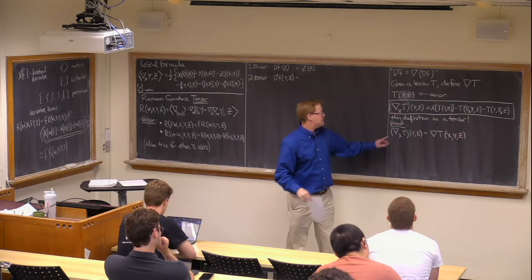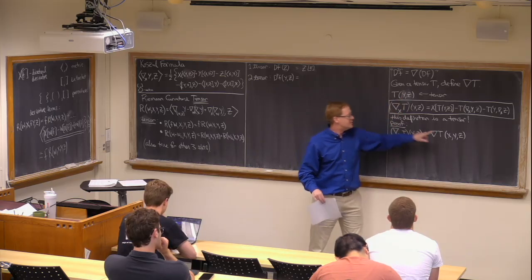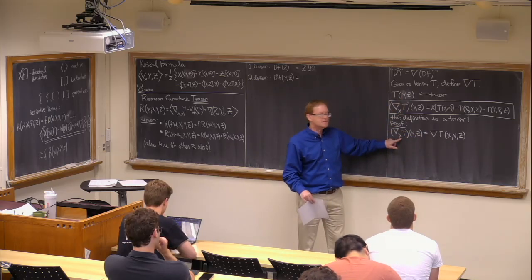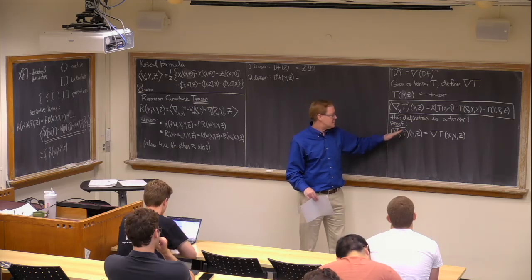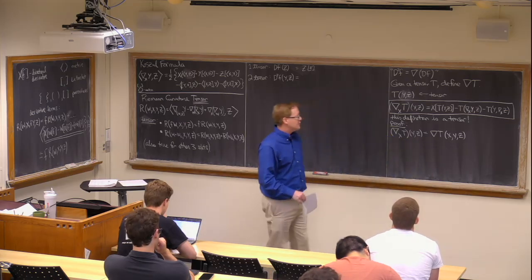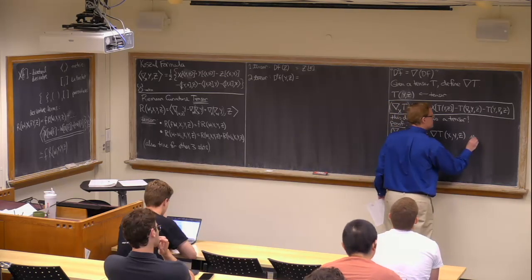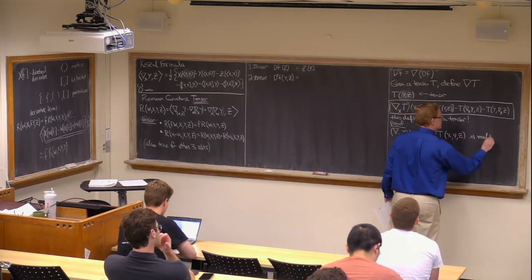The covariant derivative of a 2 tensor is a 3 tensor, in the sense that we think of this x, the direction that you're taking the derivative with respect to, as another slot. And the claim is that this is multilinear, or trilinear in this case.